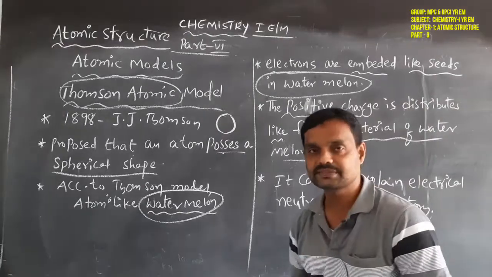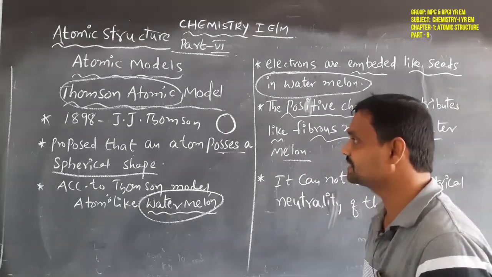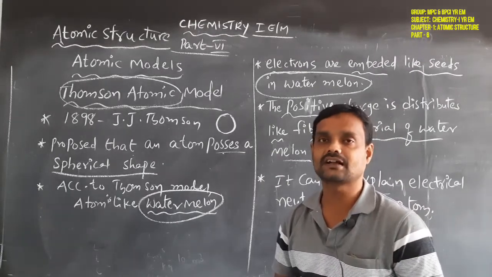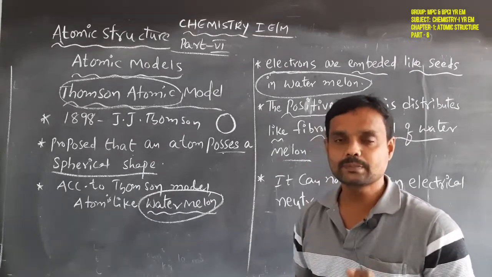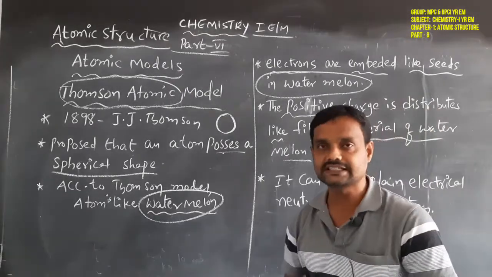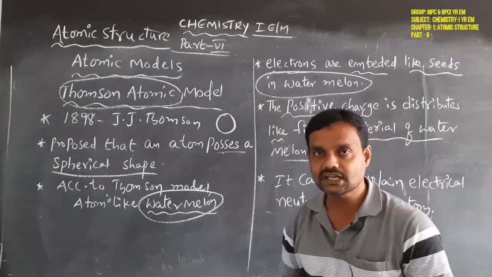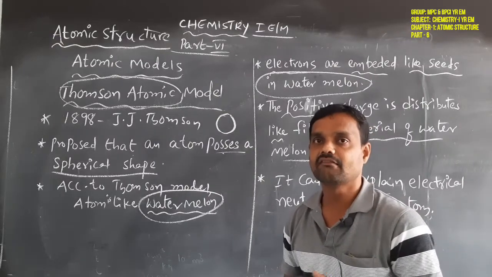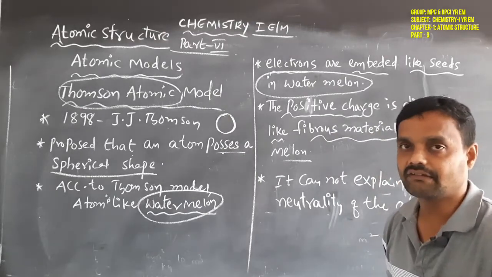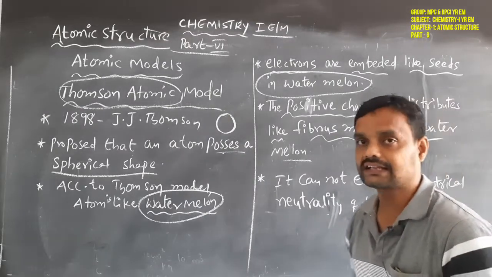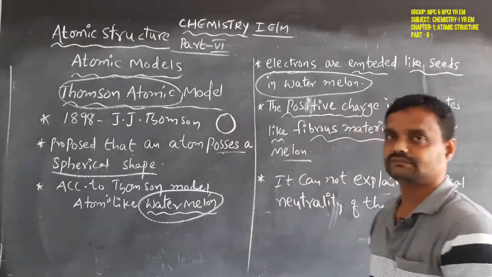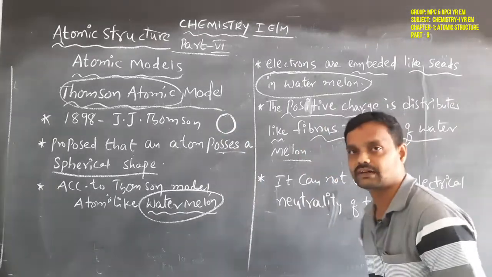These are the assumptions made by Thomson in the year 1898 in his atomic model. So the simple conclusion about the Thomson atomic model is that Thomson assumed the atom as a watermelon, and the atom is spherical in shape. This is the main postulate of the Thomson atomic model.